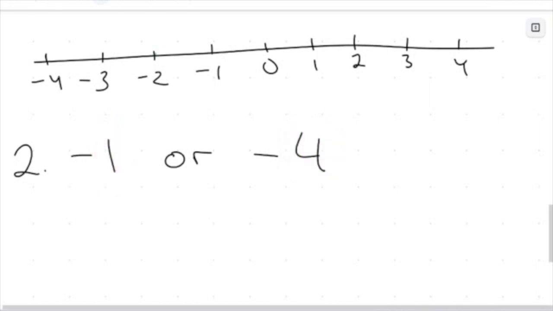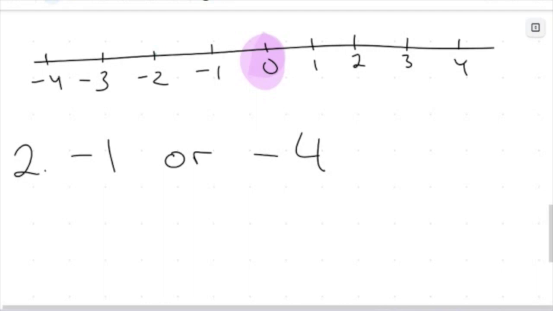And -1, although it's still negative and 1 is a small number, it's actually closer. Whoops. It's actually closer to this 0. It's a lot closer to our positive, larger, greater numbers than -4 is.